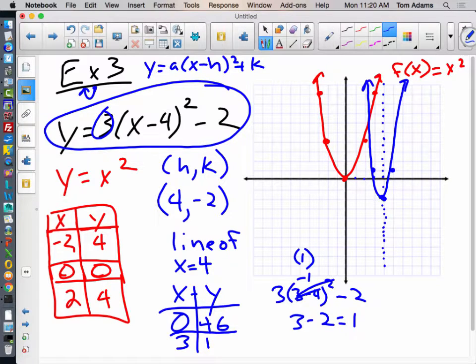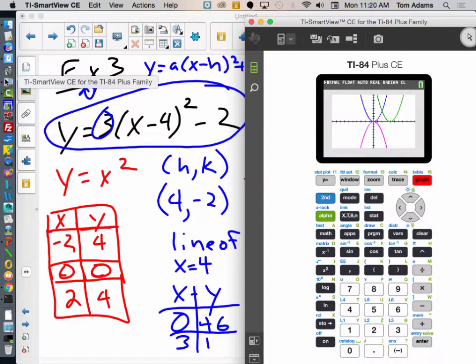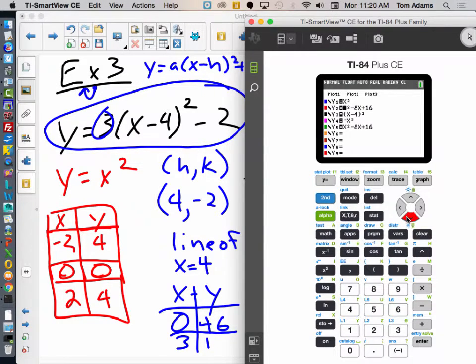Now that's freehand. If I wanted to, maybe I would do x equals 2 or something like that, but we see at 0, it's already way, way high. Okay? So now how do we double check it? Calculate it. I'm going to clear out all these functions except for my parent function, and I'm going to enter 3(x minus 4) squared minus 2, like that.